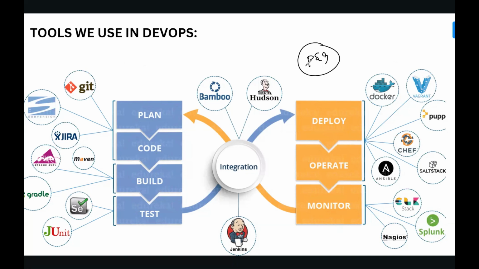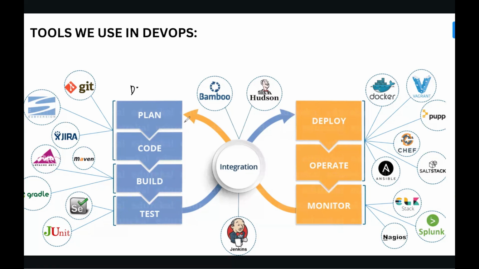It is a very important tool, and nowadays it is trending. Remember, whatever tools you are learning are in demand in the market. Currently we need to go with the market flow, so that's the reason we are going to learn Prometheus as well as Grafana. These highlighted tools are all very important and are used in the market currently.